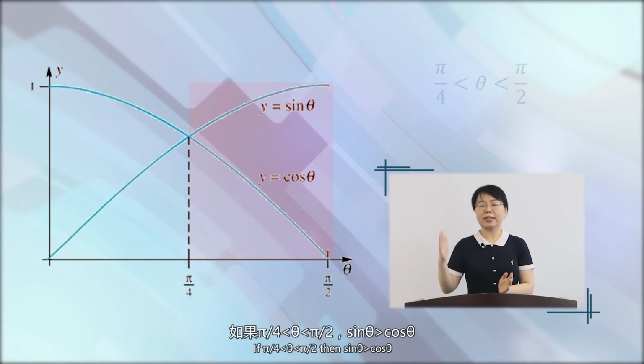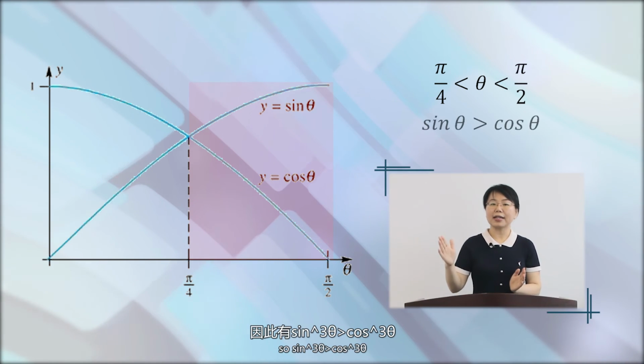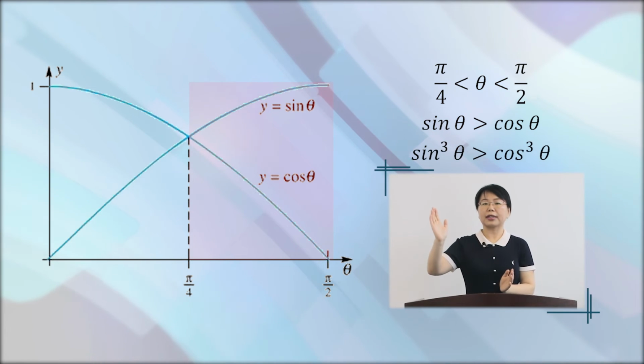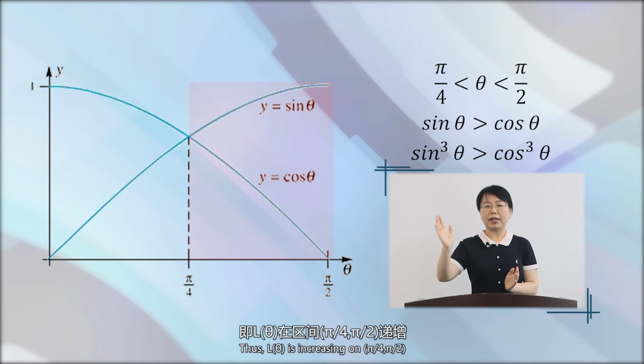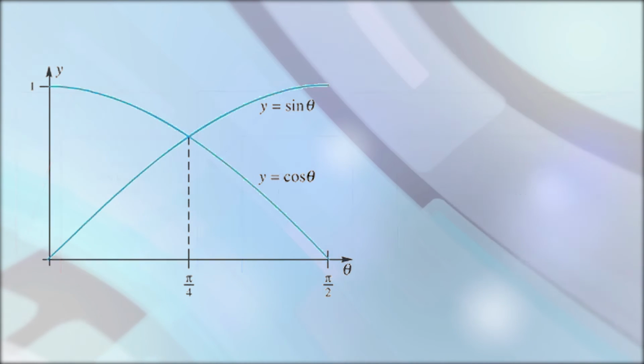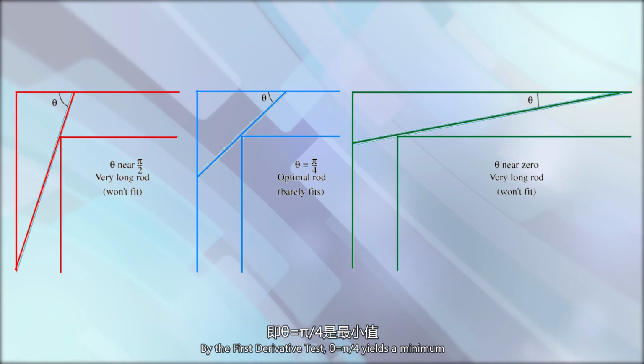Similarly, if theta is greater than pi over 4 and less than pi over 2, then sine theta is greater than cosine theta, so sine cubed is greater than cosine cubed, so the function is increasing. Then, by the first derivative test, theta equal to pi over 4 yields a minimum.